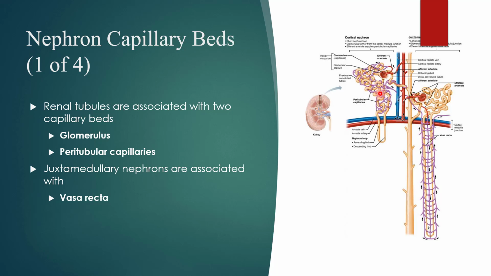You don't want all of the filtrate to become part of the urine. So some part of the filtrate would need to be reabsorbed back, and that reabsorption happens through the capillaries. Capillaries surrounding the tubules are the ones that reabsorb the filtrate.